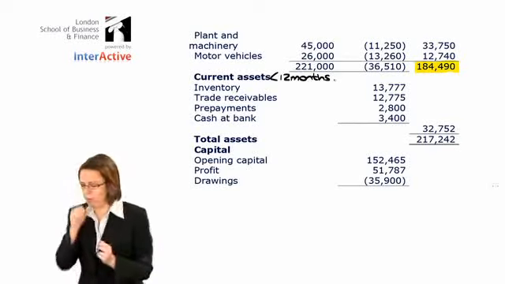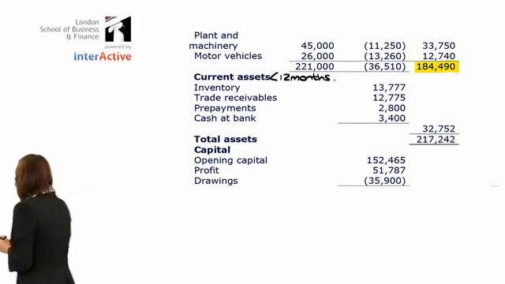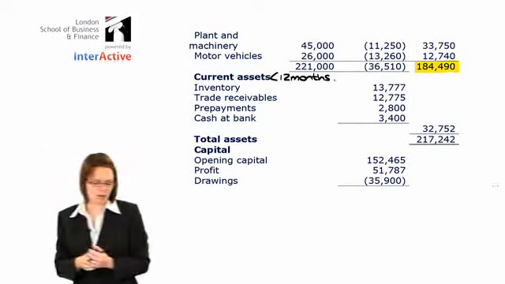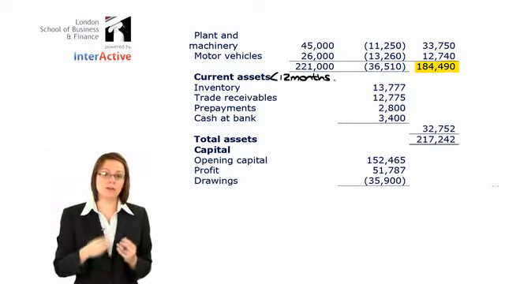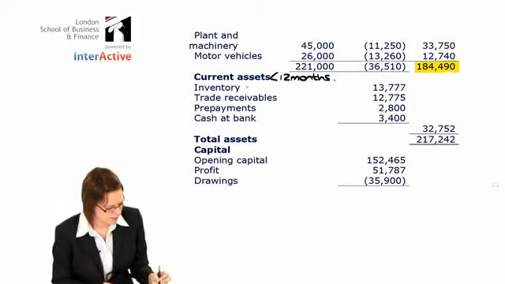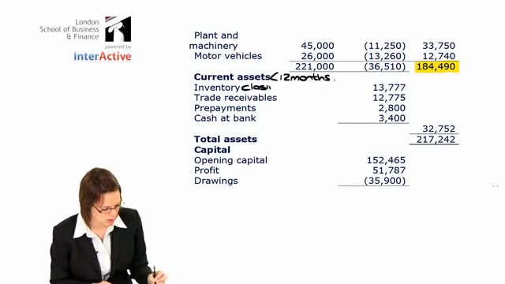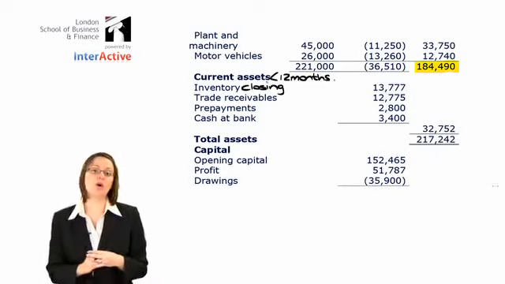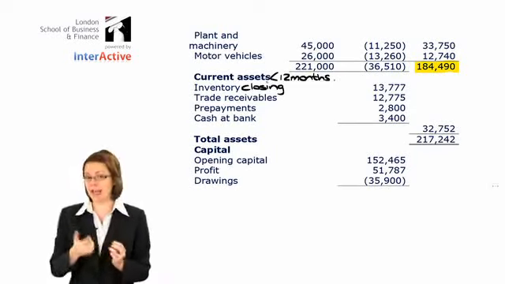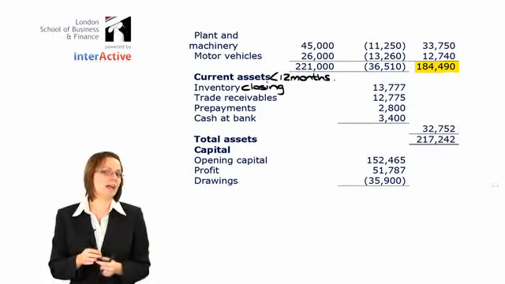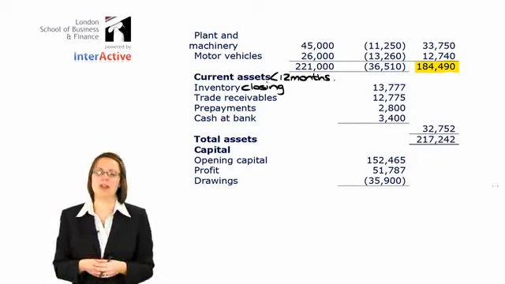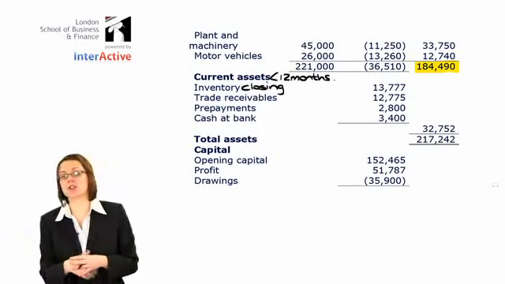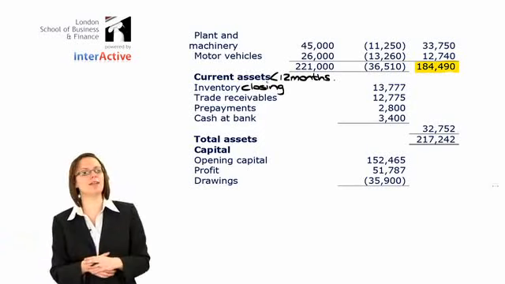So, closing inventory, that's what we're going to record and put the value of in our statement of financial position as a current asset. We assume we're going to sell it in the next 12 months, so we're not going to keep it for very long.